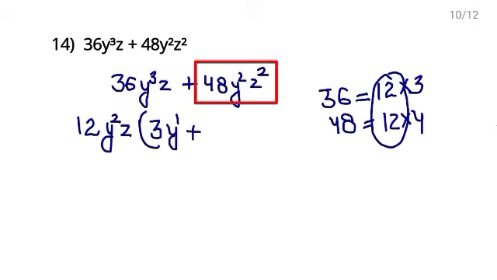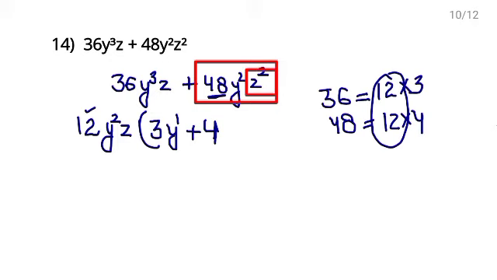Plus in the second term, from this 48 you already have taken 12 outside. So 12 4s are 48. You are left with 4. Clear? There was y square and you already have taken y square outside. It was power 2 and you have taken power 2 common, so no need to write y.